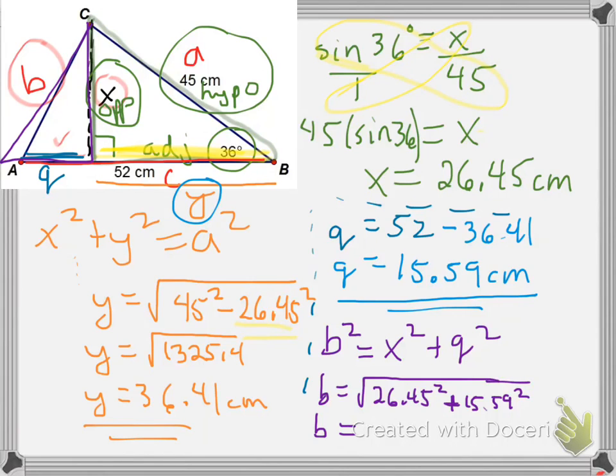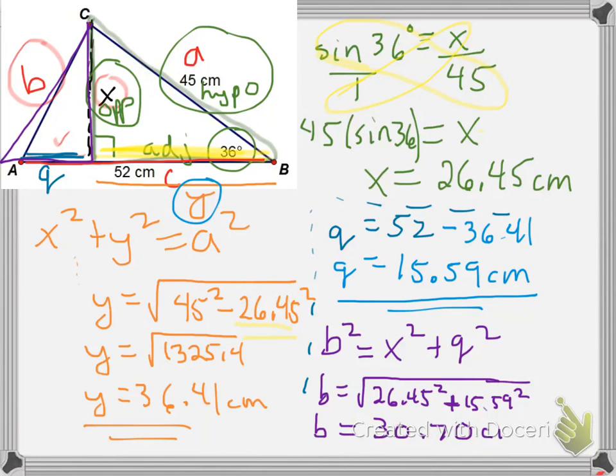So when I do the final answer there, remember, b is AC. That's what we're looking for. I'm going to type all those in: second square root of 26.45 squared plus, now 15.59 was in my memory, so I'm going to go second answer squared, and that gives me 30.704, so it stays down.